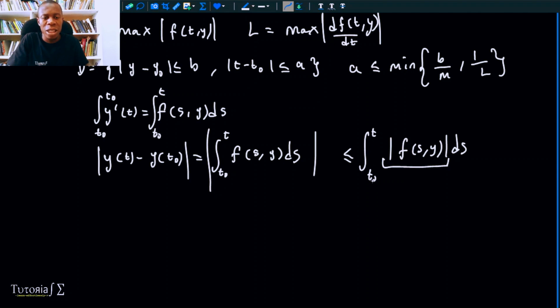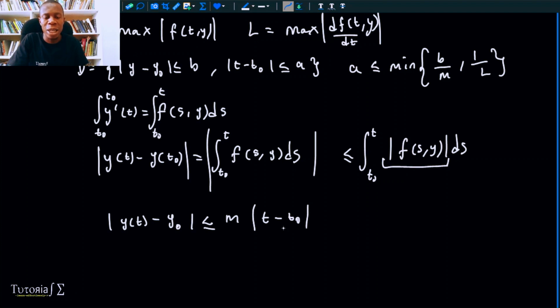If we integrate over t minus t₀, we can see that y(t) minus y(t₀), which is just y₀, is less than or equal to the constant M. When you integrate over a constant, you're just going to have t minus t₀, and we can create a further bound like that.